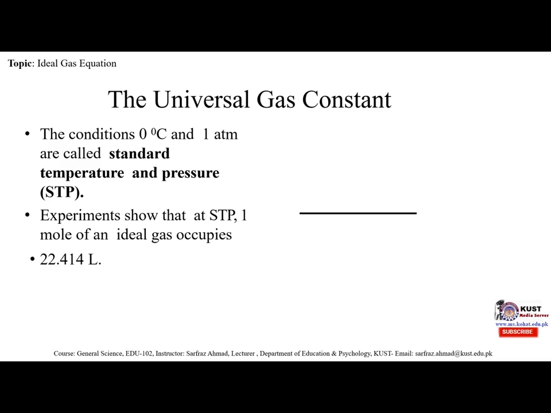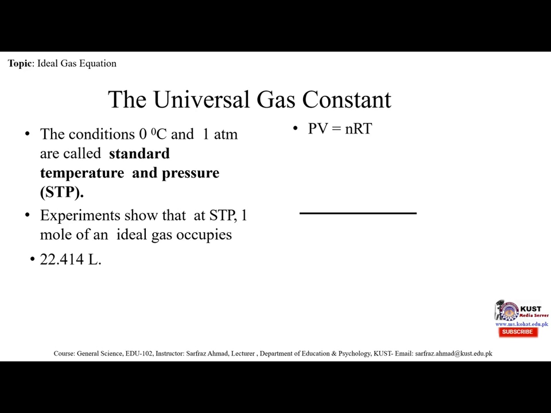The conditions 0 degree centigrade and 1 atmosphere are called standard temperature and pressure. This is what we call STP. Experiments show that at STP, means standard temperature and pressure, 1 mole of an ideal gas occupies 22.414 liter.